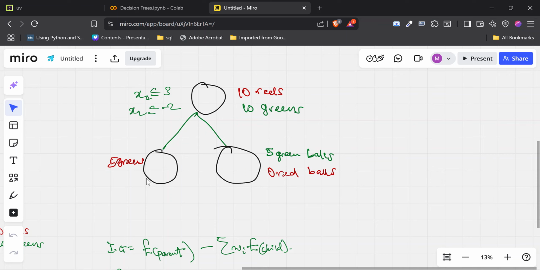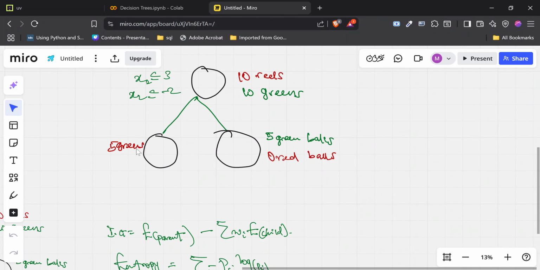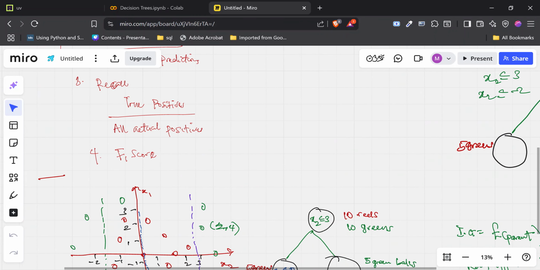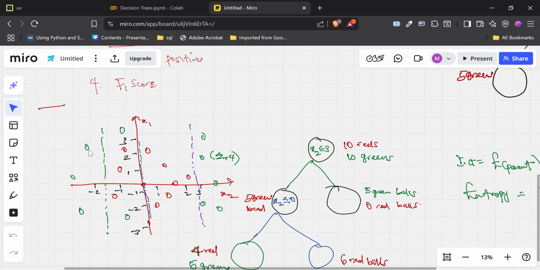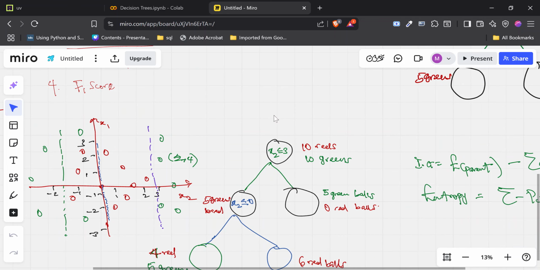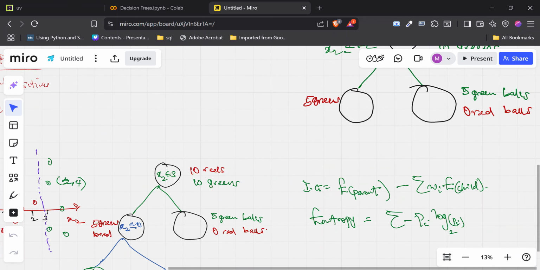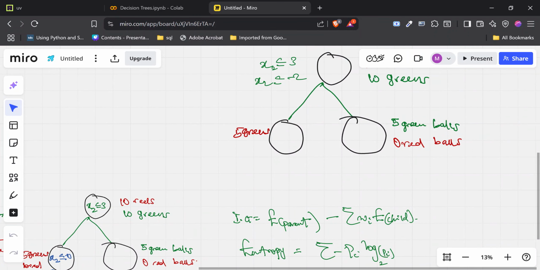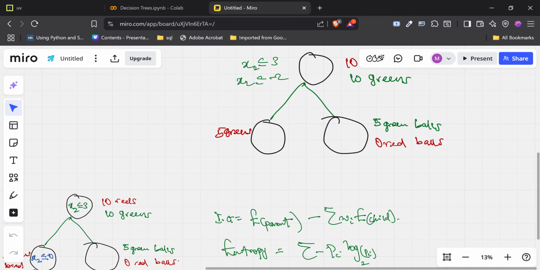And the second split, let's see what it gives us. That's the line that we draw. It gave us 3 greens, 0 red.